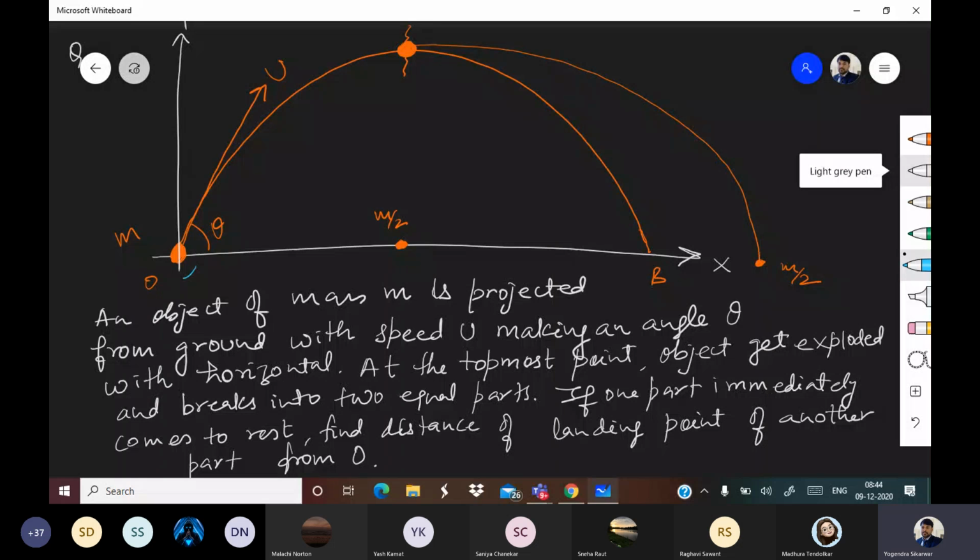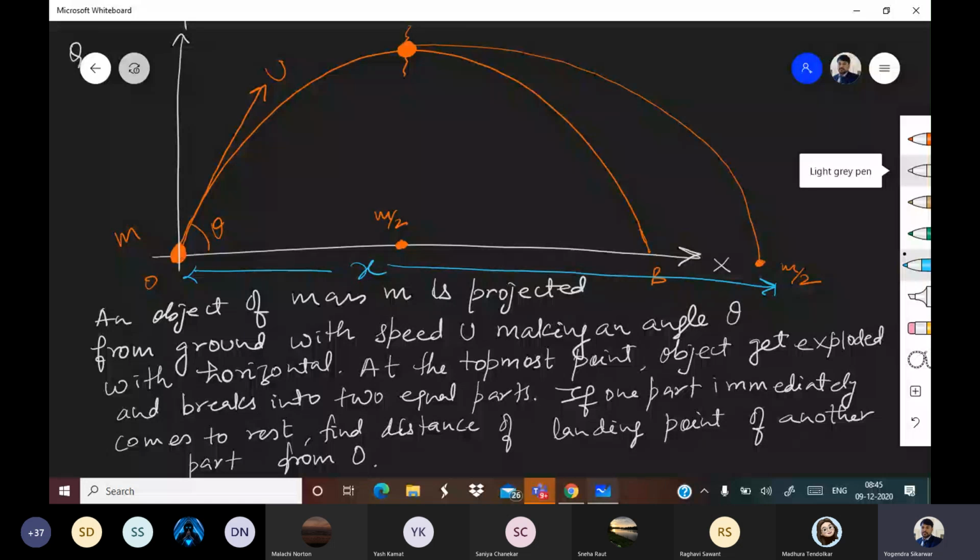What is happening in this process? When the explosion is happening, no external force is acting on the system. The explosion is happening due to itself. So if no external force is acting on the system, then the motion of the center of mass should be exactly the same as if it was happening in the beginning.